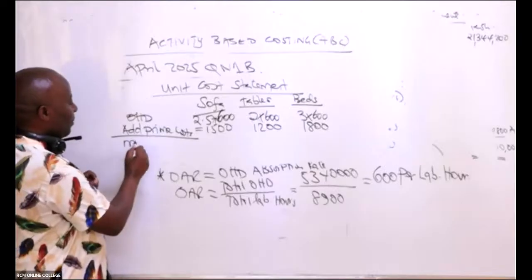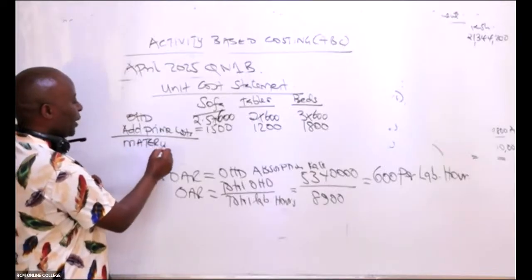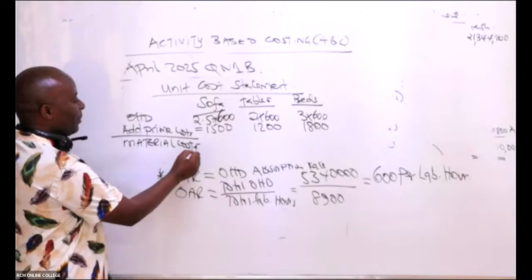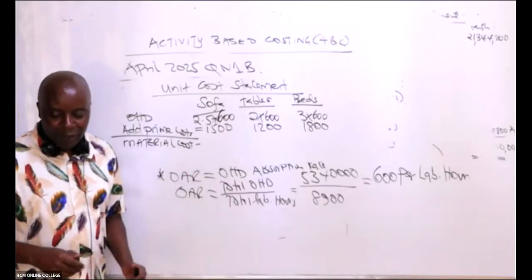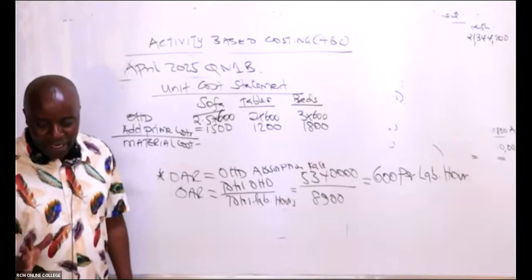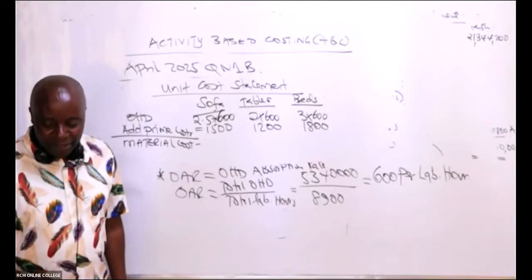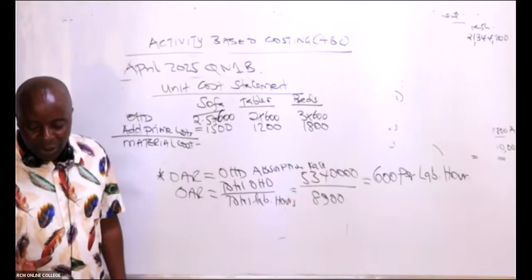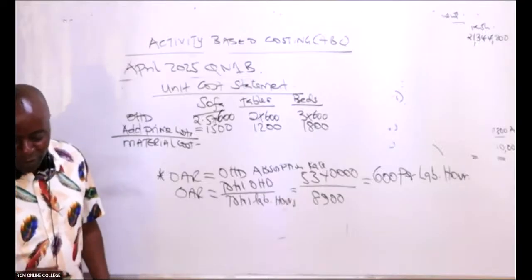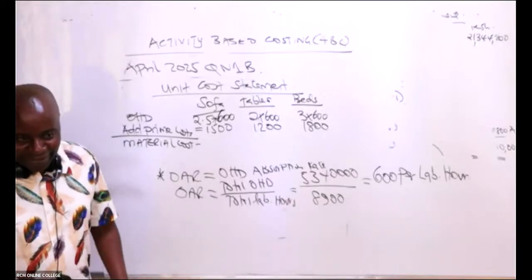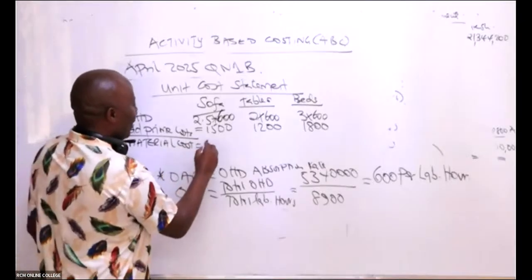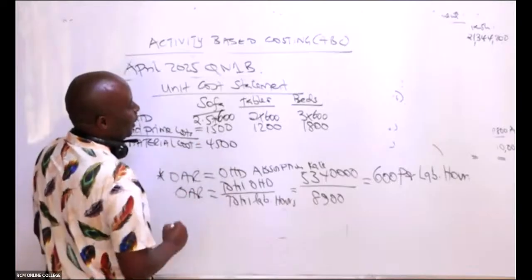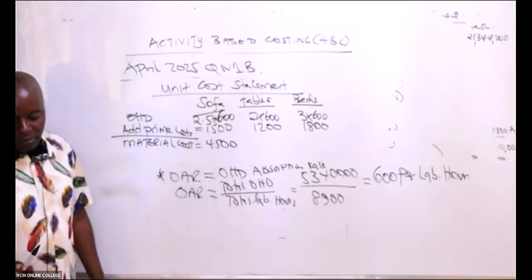Are you able to see the material cost per unit? Material cost, please give me the figures. According to Jennifer, material cost per unit for sofa is 4,500, so the leathers, etc. How about one table?